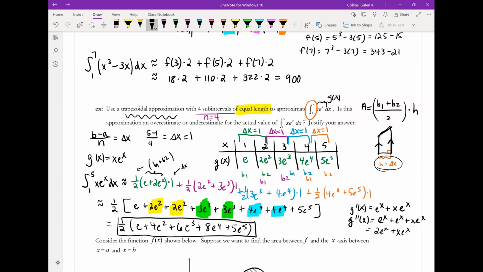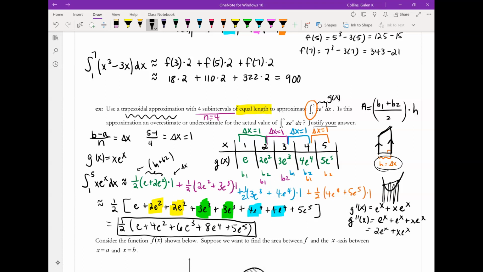And the question is, what's the concavity over the entire interval from 1 to 5? If I think about that, 1 and 5 are both positive numbers. If I plug those in, I'm going to get all positives. So this function is concave up. And a trapezoidal approximation, we said, is going to be an over approximation on a function that's concave up.